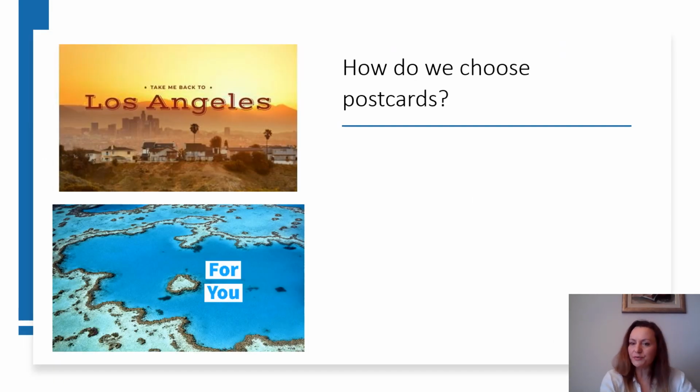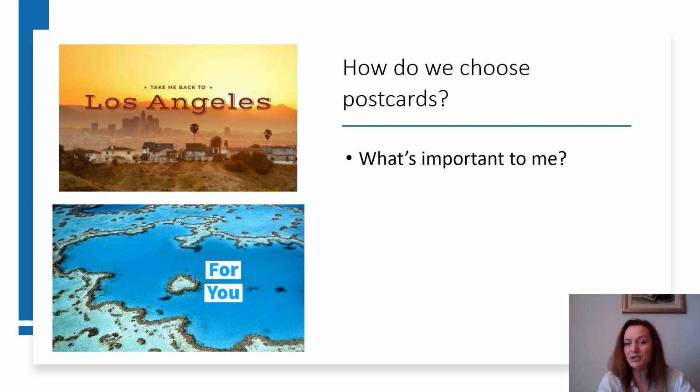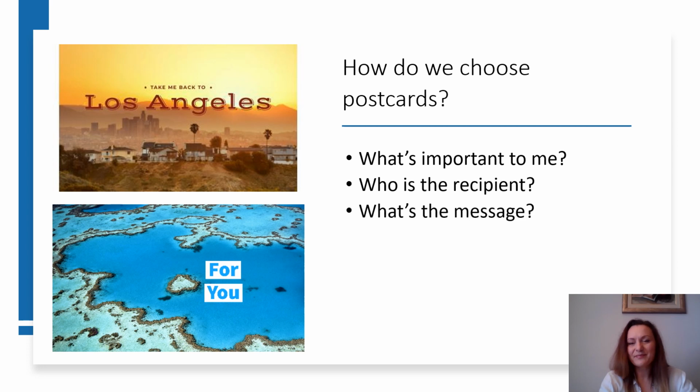So, how do we choose postcards? What do we think about when we choose a postcard that we want to send? Here are some questions. What's important to me? Who is the recipient? And what's the message?